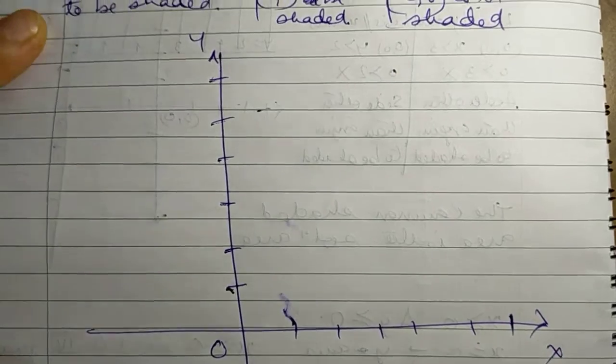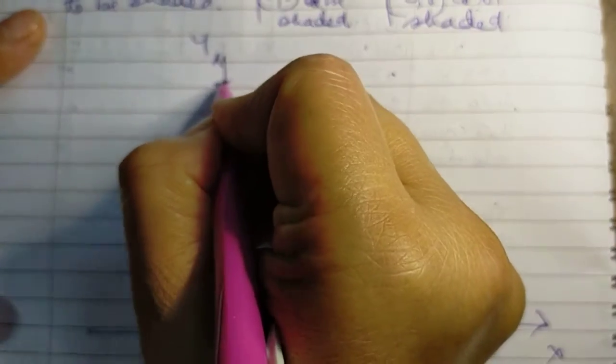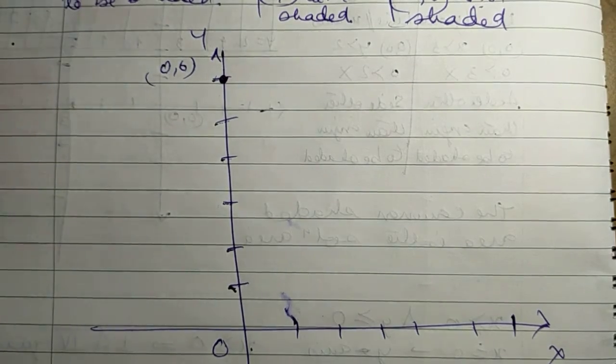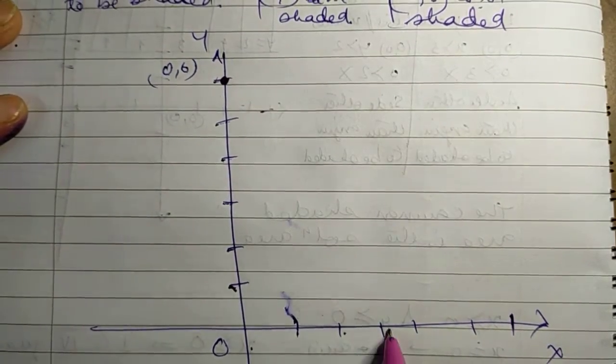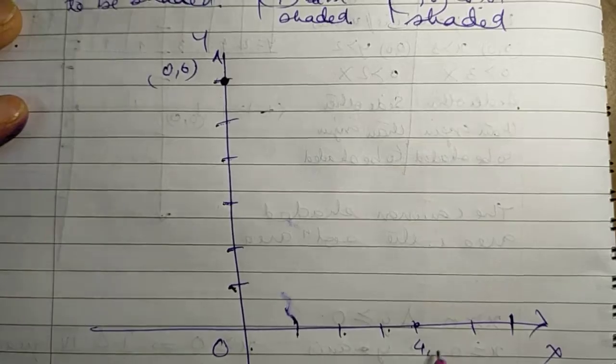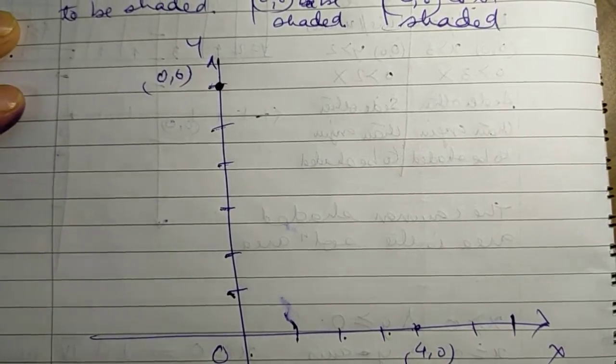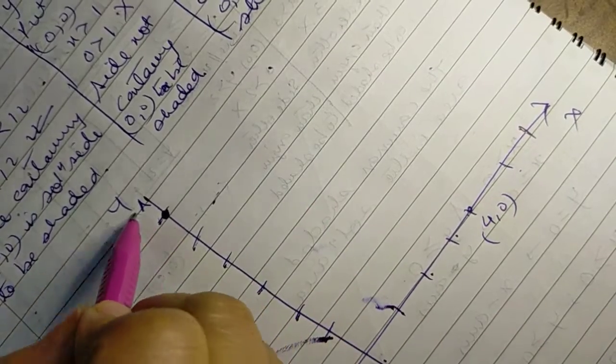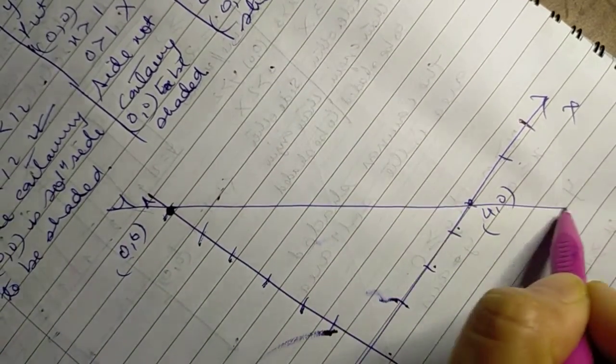Now we need the point 0, 6, which is this, and then we need the point 4, 0: 1, 2, 3, 4. This is 4, 0. And since it's a slack inequality, we join them by a bold line.